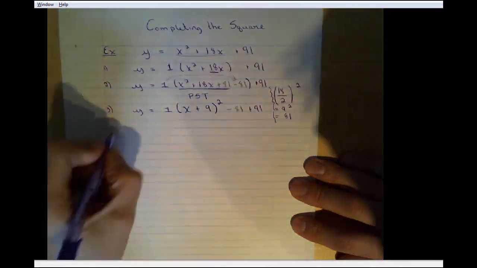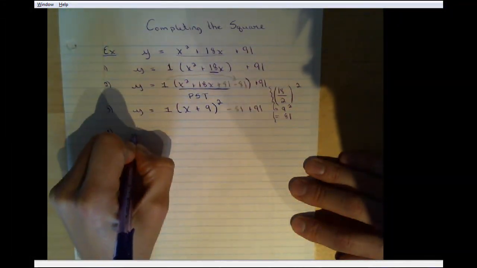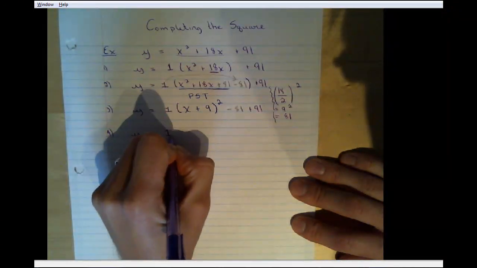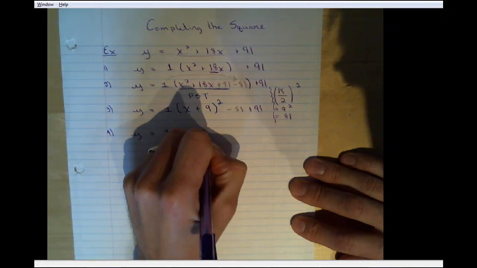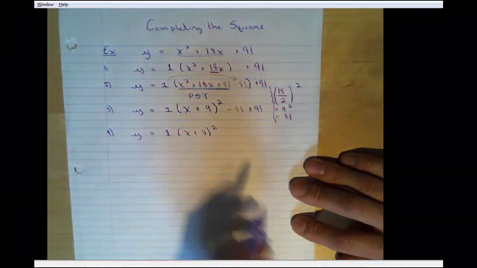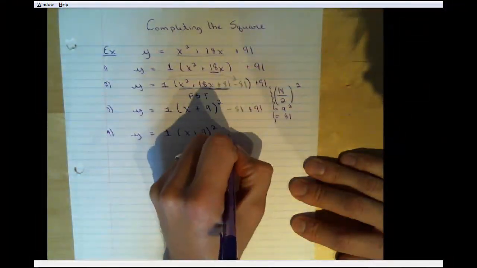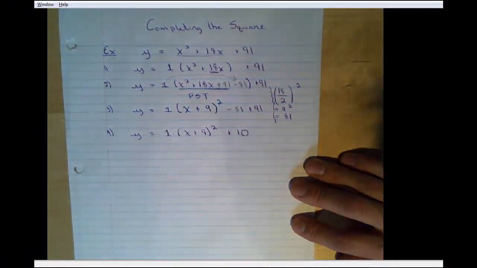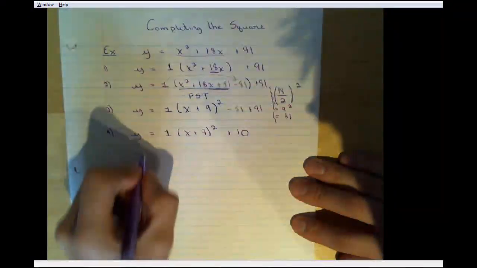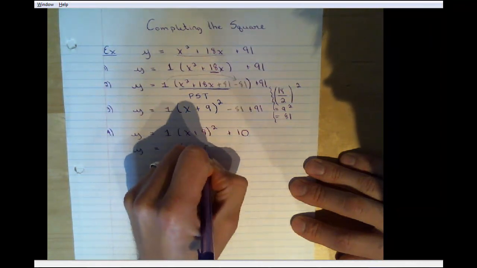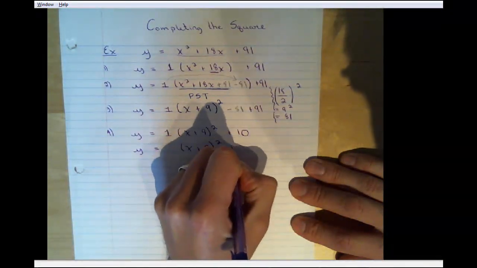Your fourth and final step. 1 times (x plus 9) squared. The fourth and final step is to simplify these numbers. Minus 81, adding 91 to it, you're left with 10. And really, a 1 here, you don't need that. It's implied, so the cleaner final answer would be the following.